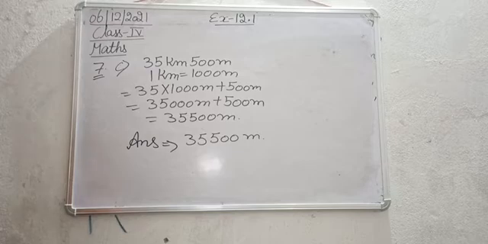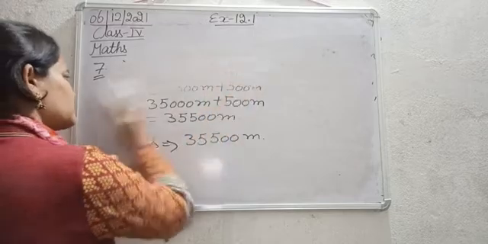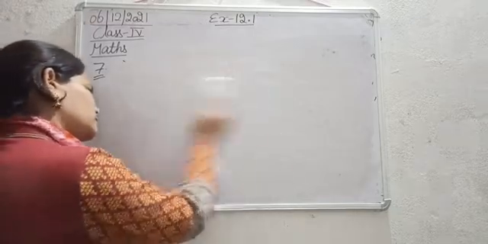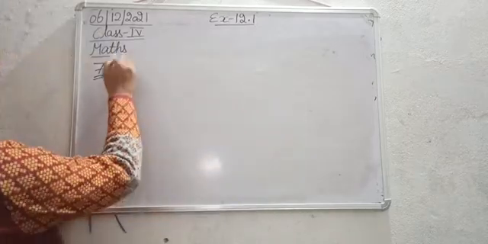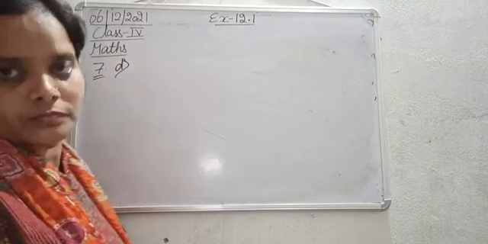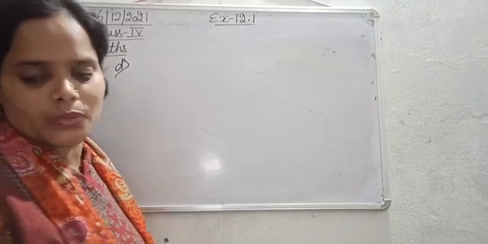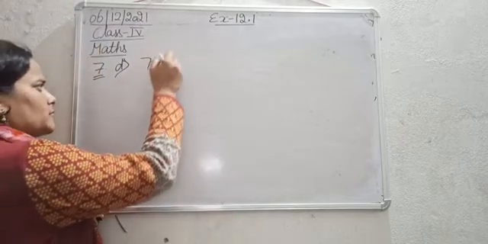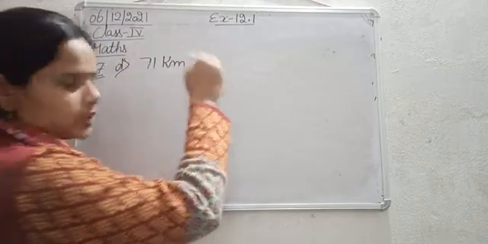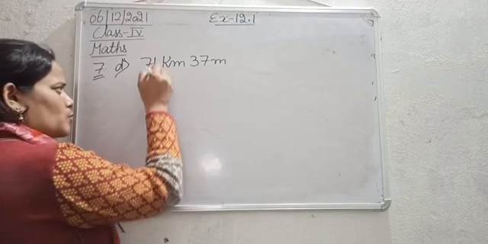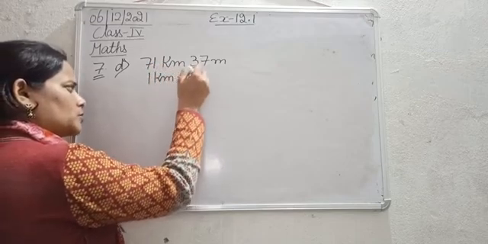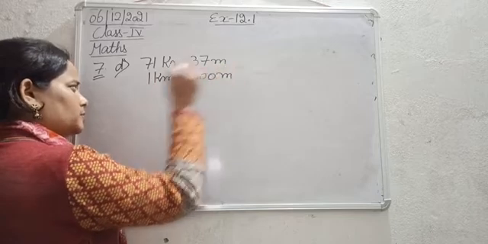Moving next to the D part of the same question number 7. Okay, so let's do the D part. The D one is convert 71 kilometer 37 meter. Okay, so 1 kilometer is equal to 1000 meter.